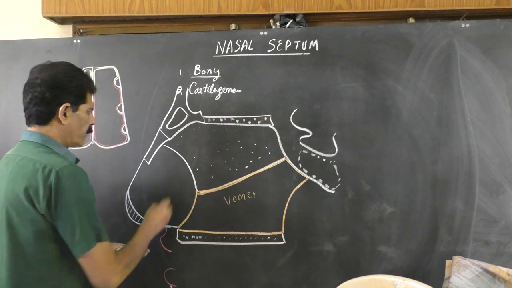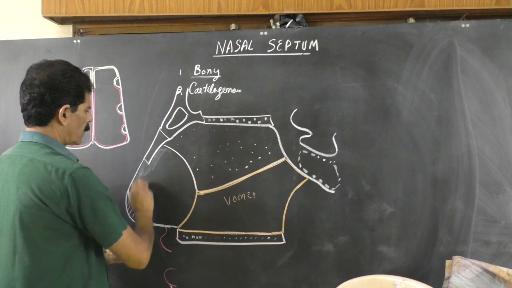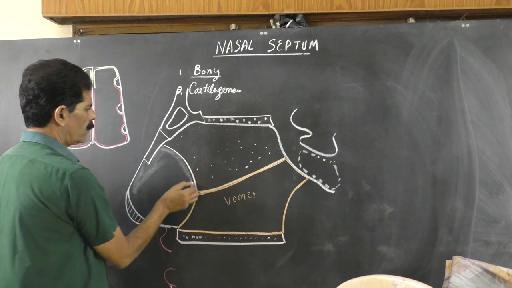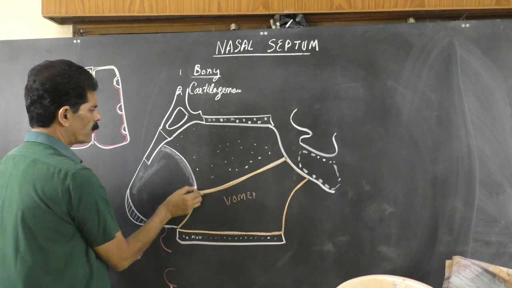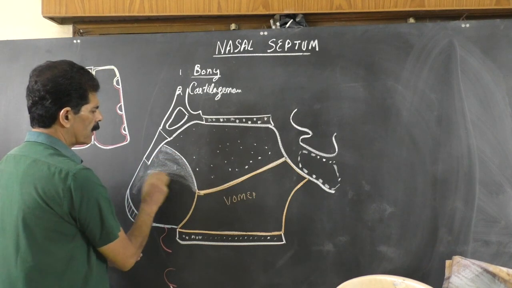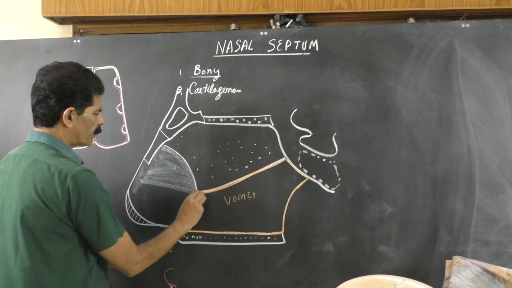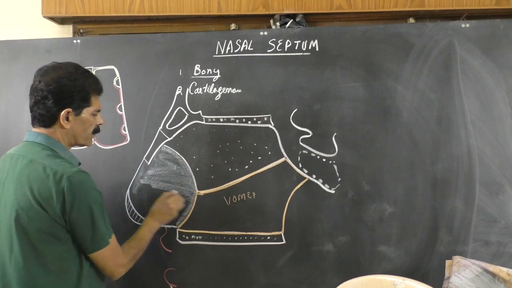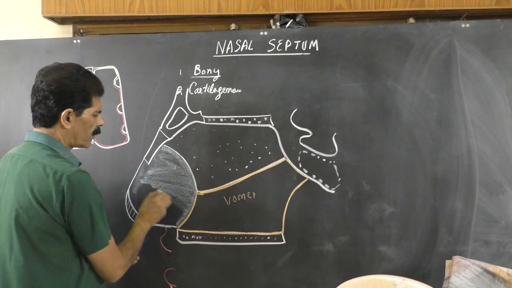So this is the cartilaginous part. In the posterior part it is attached to the perpendicular plate of the sphenoid, and this septal cartilage in the posterior and inferior part is attached to the anterior free border of the vomer.